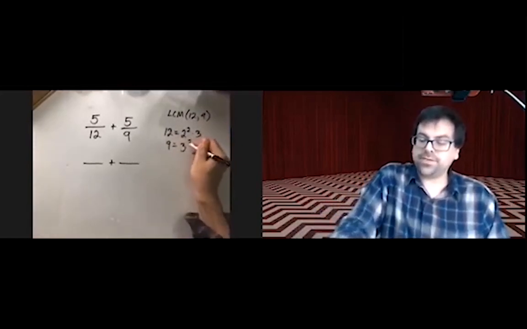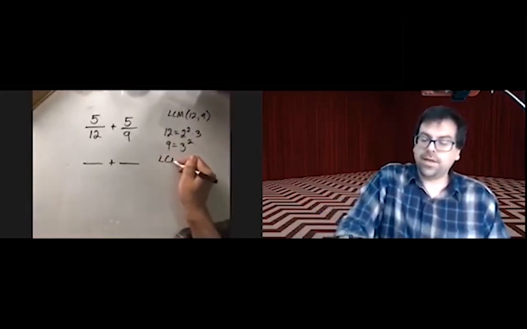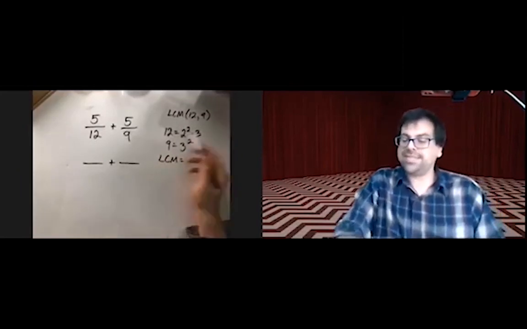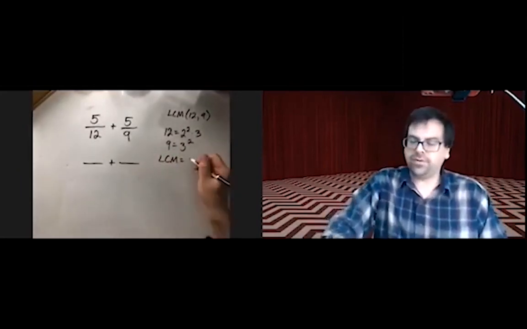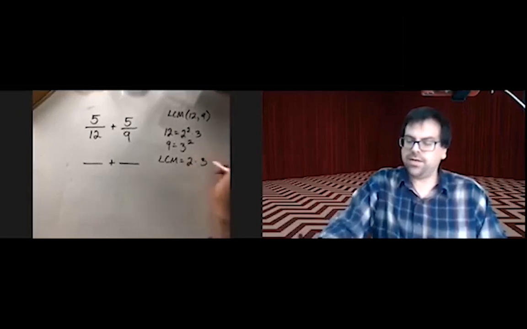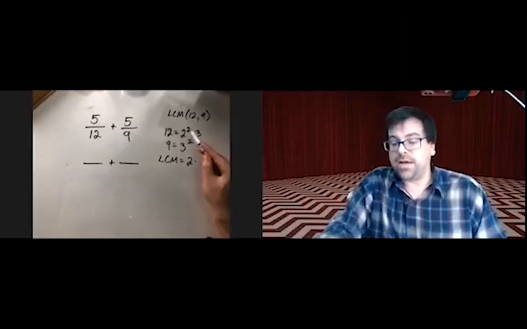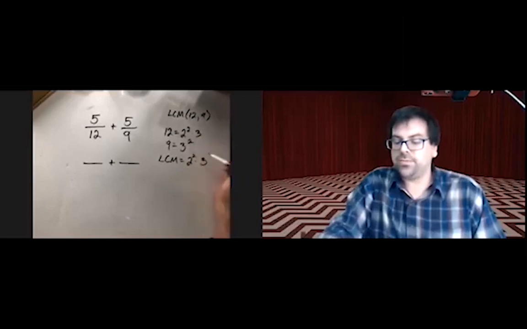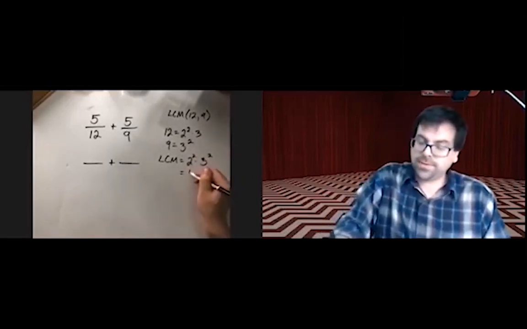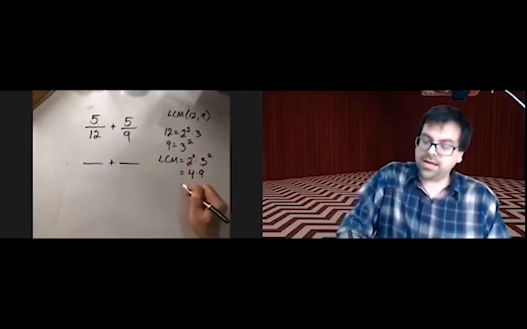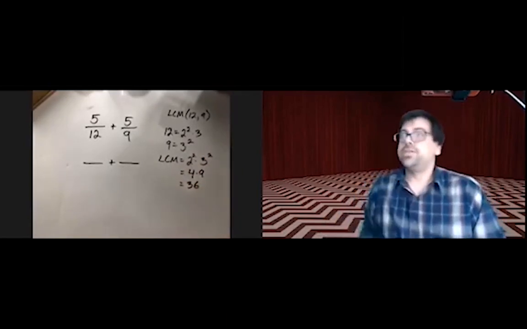That's 3 squared. The least common multiple is every base we have, 2 and 3, raised to the highest power shown. Highest power of 2 we have is 2 squared. Highest power of 3 we have is 3 squared. So this is 4 times 9, which is 36.